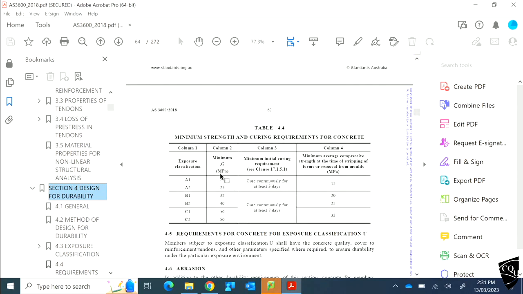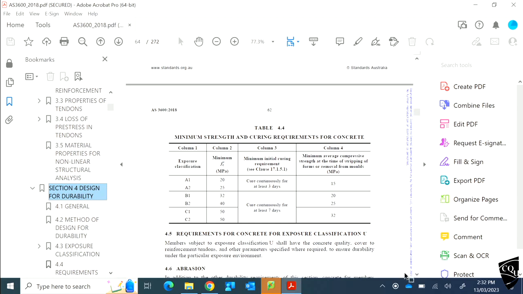You see the minimum strength of the concrete for each exposure classification, and also the curing and other things. But you can see as we go to severe exposure classification, we need a higher strength. So that's one thing based on the exposure classification.